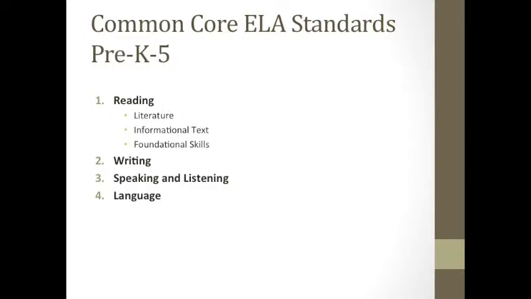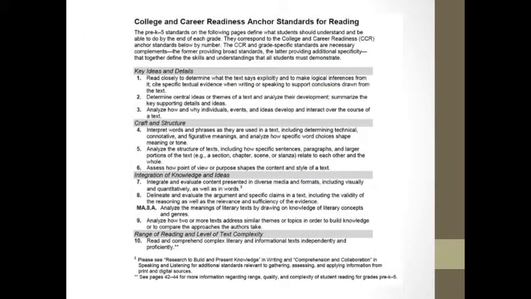So I wanted to make sure that you're familiar with the Common Core standards. As again, you should be already familiar with them. I'll put a link on Blackboard to the standards. You should definitely read through them for the pre-K to 5 ELA standards if you haven't done so already.